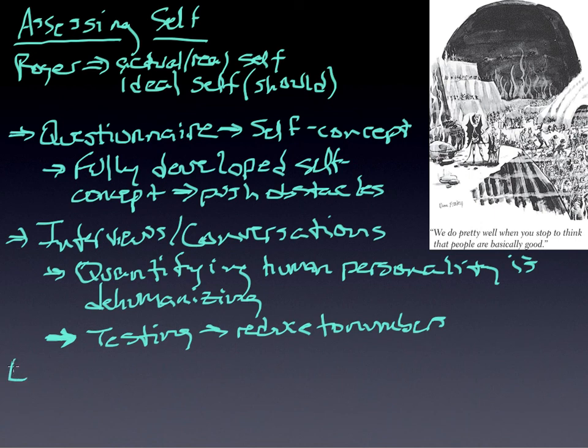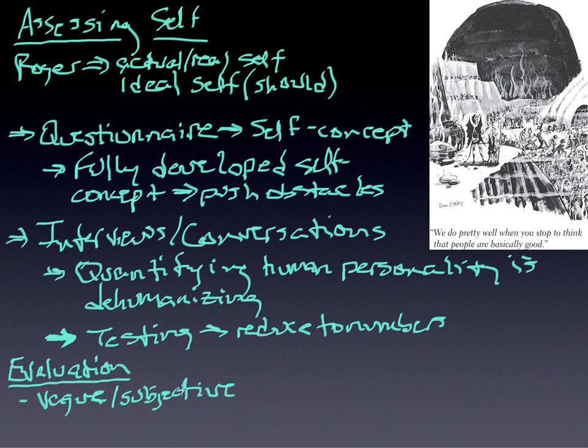Now, the last thing I want to mention to you is just the evaluation component, and we do this with each one. When we talk about evaluating the humanist theories, most people would suggest that it is not only vague, but also very subjective, and in a lot of ways many humanist theorists would say, well, yeah, that really captures humanity, that there's a lot about it that's vague, indescribable, subjective, etc. The other criticism leveled against it is that it's quite naive.